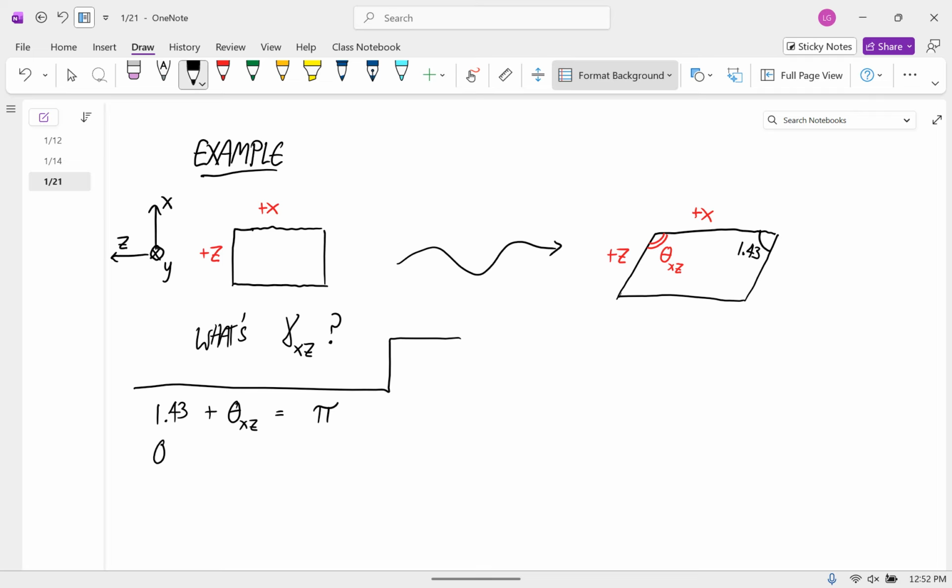And so this angle between the positive x and the positive z face is pi minus 1.43, which is 1.71 radians.